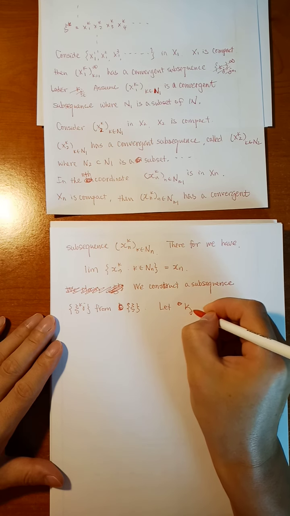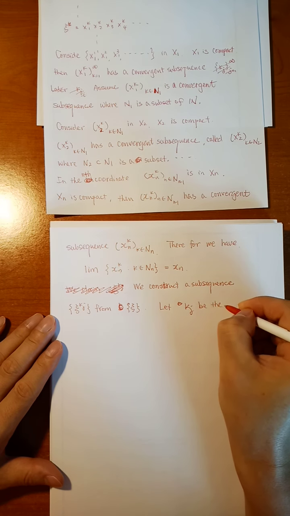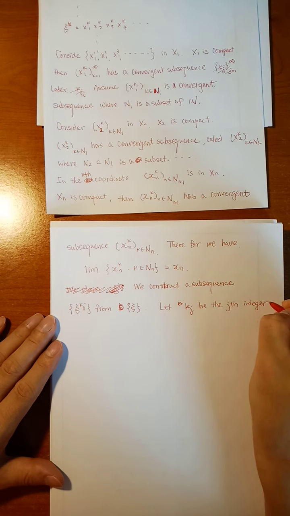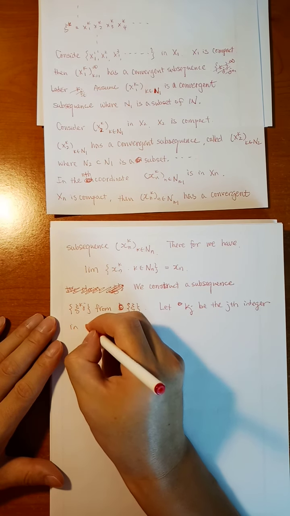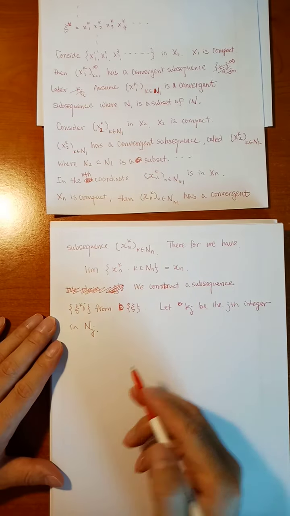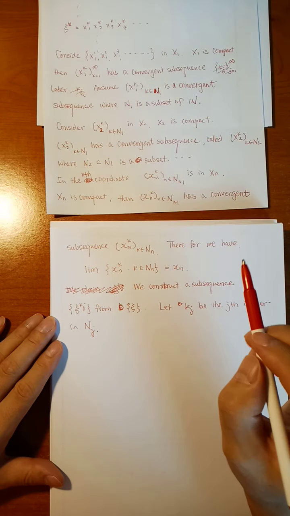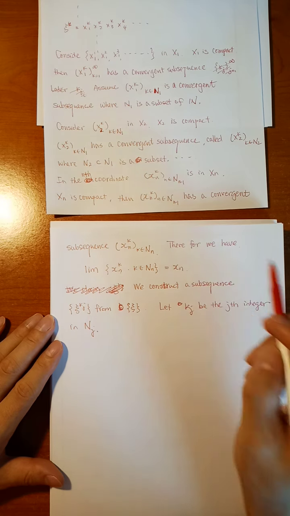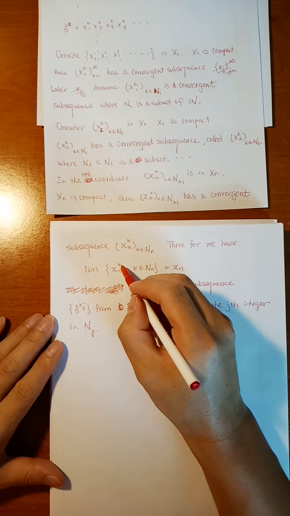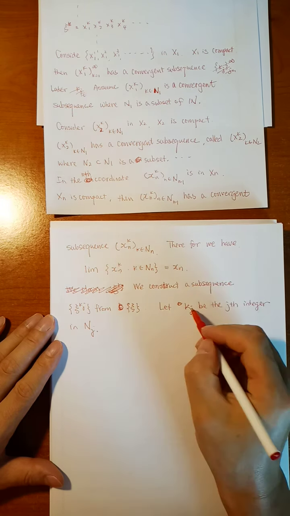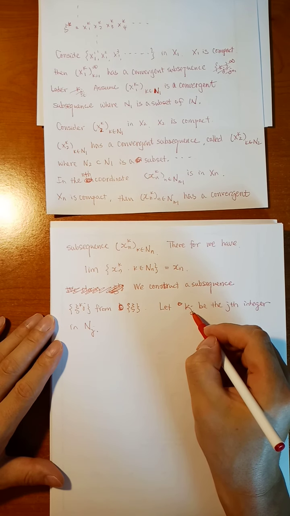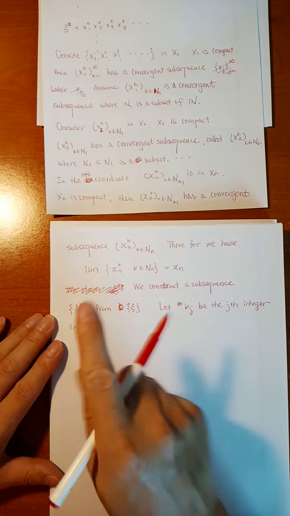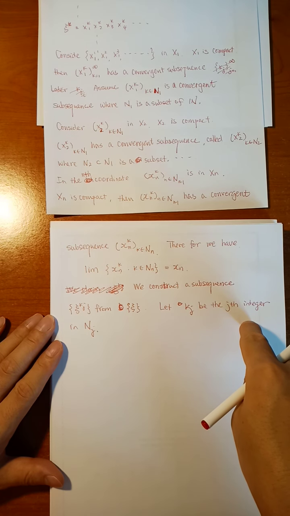Let k_j be the jth integer in N_j. So for example, if you have k_2, you will find in N2 the second integer.